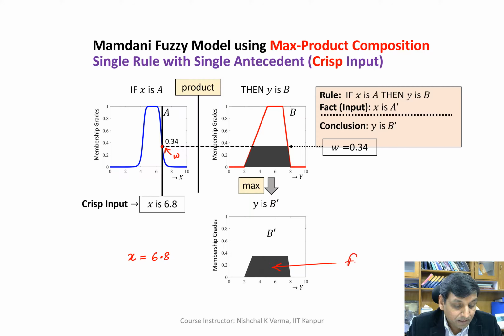This is the fuzzy value as the output. So whether we have here in this case the composition max product or max min, both are giving the same output, and we know the reason, because in both the cases, only a single rule with a single antecedent is applied.